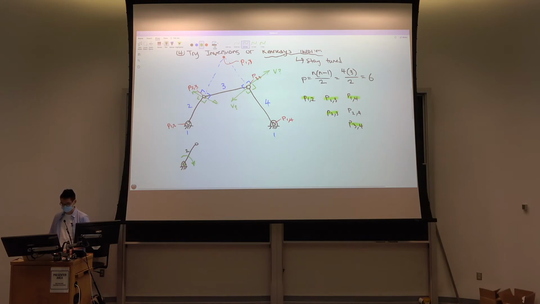And if link 2 is rotating about that base point, then the velocity of any point on link 2 has to be perpendicular to link 2, right? So if link 2 had sort of another, I don't know, some weird projection coming off like this, then we would have to draw this line, and we would know that the velocity is perpendicular to that. Okay? So that's how we know the velocity of the endpoints of link 3.